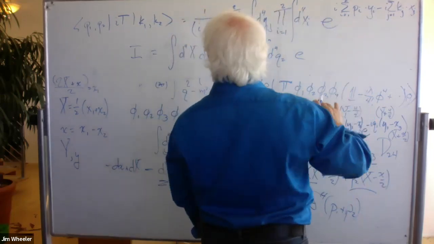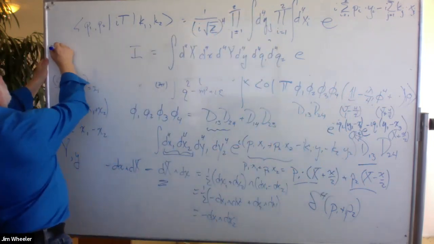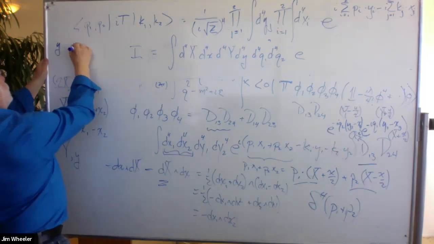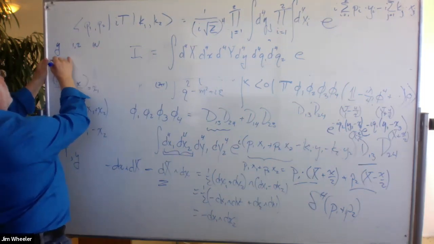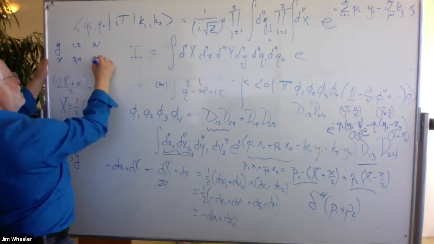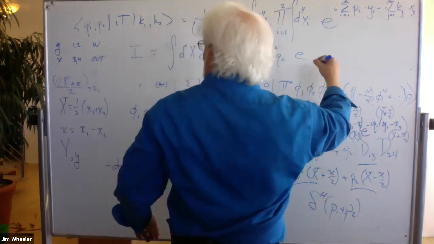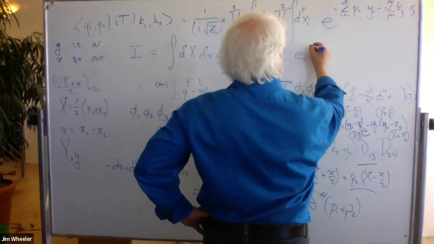I've erased my coding for the in and out stuff. Let me put it over here. 1 and 2 were in with y, and 3 and 4 are out with x. Is that what we said before? Okay, thanks. And the p's are out.